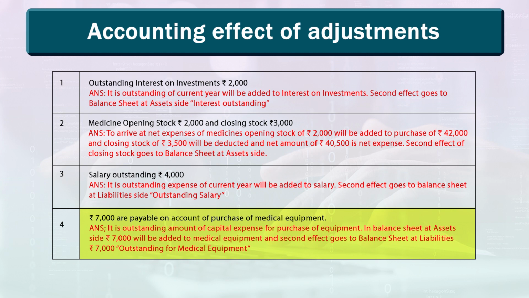It is outstanding amount of capital expense for purchase of equipment. In balance sheet at asset side, rupees 7,000 will be added to medical equipment. Second effect goes to balance sheet at liabilities as rupees 7,000 outstanding for medical equipment.